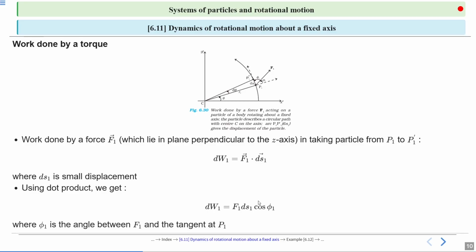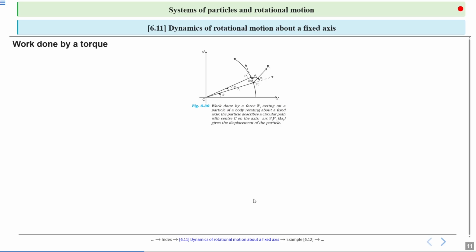Here phi 1 is the angle between force F1 and the tangent at point P. So for small displacement ds1, because the arc P1 P1 prime is ds1, the small displacement ds1 is equal to r1 d theta.